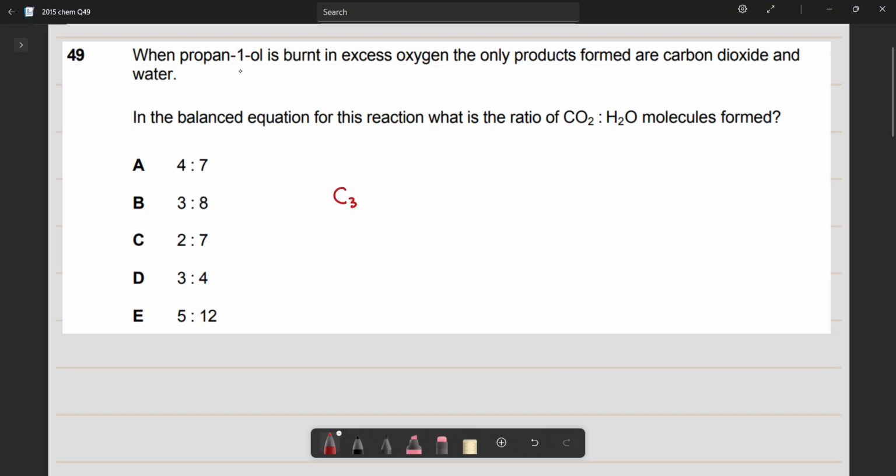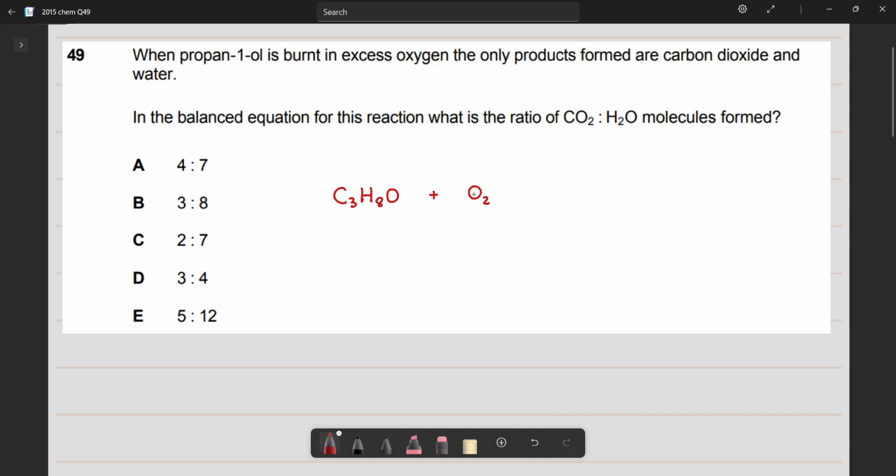It has three carbons. So we must know the formula for propan-1-ol also. Prop means three carbons. So three carbons and there are eight hydrogens and one oxygen, since it's an alcohol. Plus it's burned in complete combustion, so there's excess oxygen.